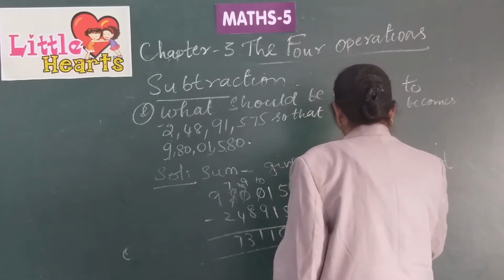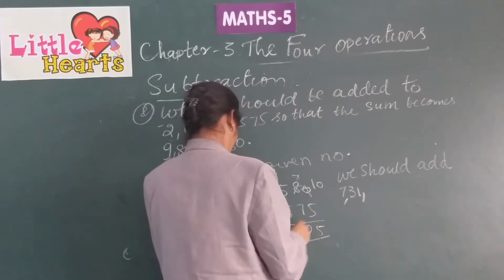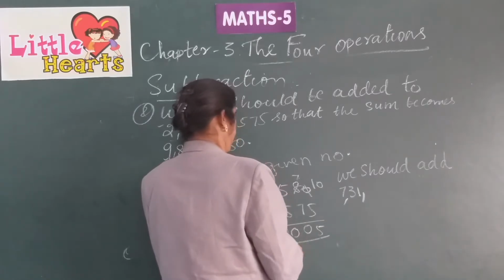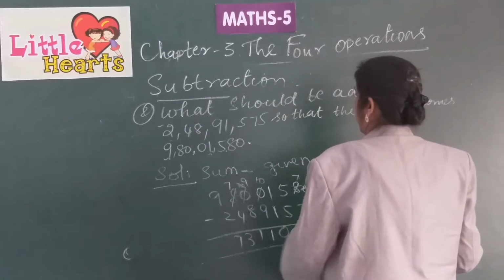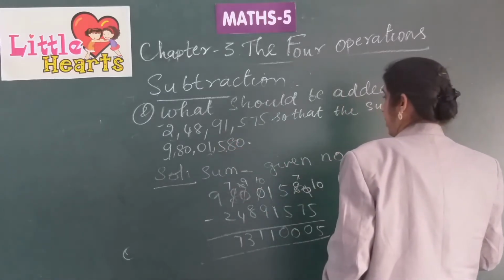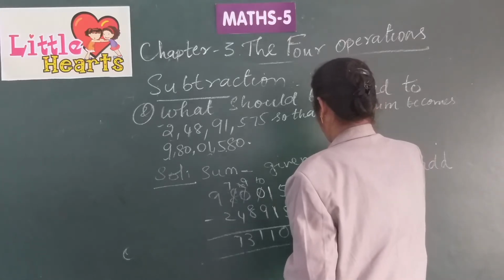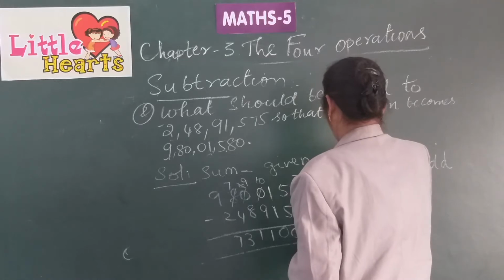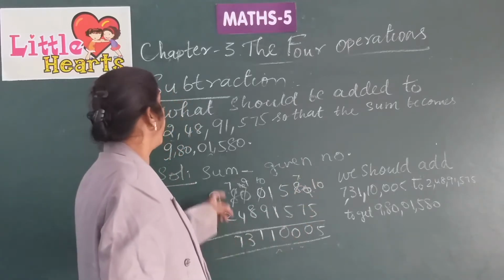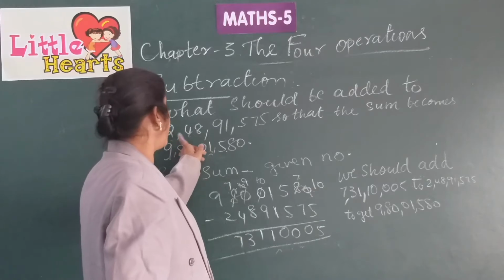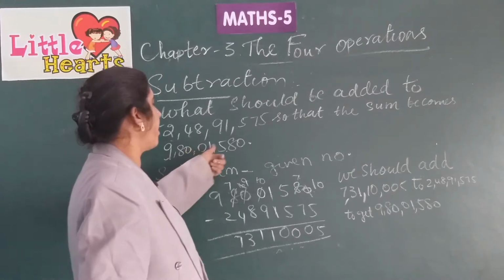7 crores 31 lakhs 10,005 to this number 2 crores 48 lakhs 91,575 to get this number 9 crores 80 lakhs 1,580.